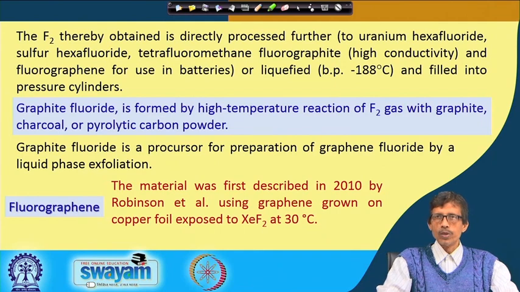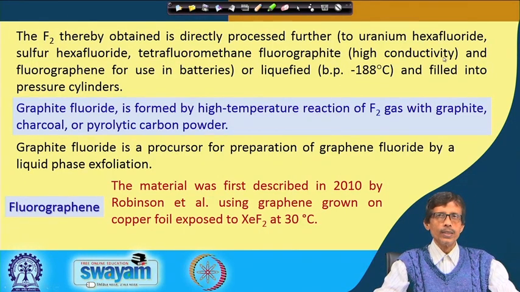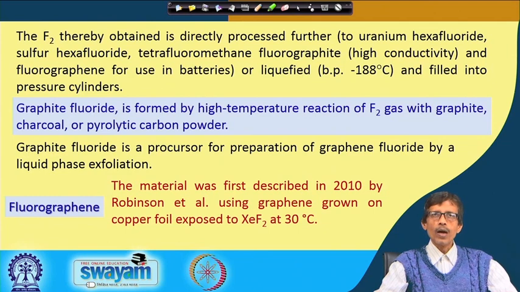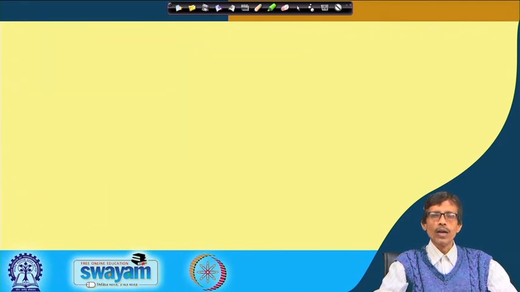In our country, most of the time our room temperature is 25 to 30 degrees centigrade. So, if it is exposed to xenon difluoride, you get the corresponding fluorographene. This is the most useful technique, not the other fluoride compounds of xenon, that means xenon tetrafluoride or xenon hexafluoride. It is only the difluoride that would be useful to give you the fluorographene compound.